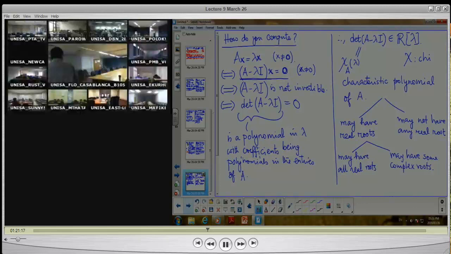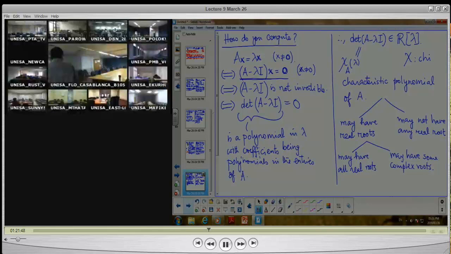It may have some real roots and some not. If it has some real roots, each of those real roots gives me some eigenvalues. And each eigenvalue gives me a certain number of eigenvectors, so obviously the question is, what is its dimension?